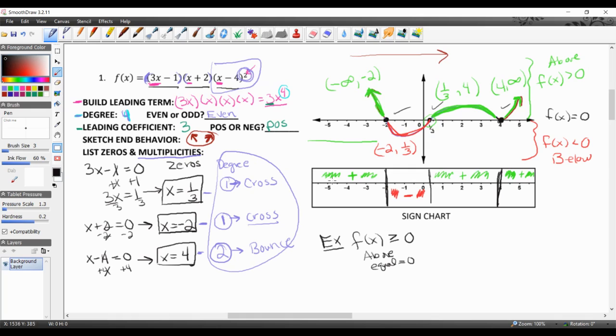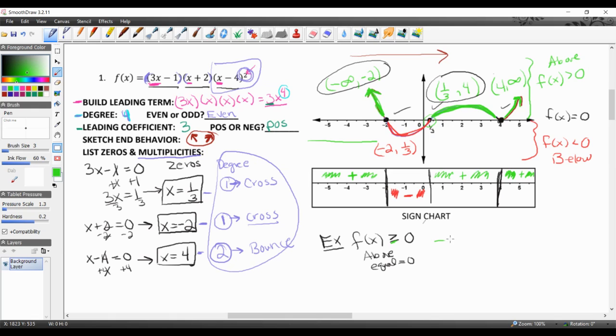So above is going to be pretty much anywhere we have the green. So it's going to be this guy here, this guy here, and actually this one's going to be a little bit easier because since it's equal to 0 also, we can just put this whole thing together. So let me give an answer for this one.